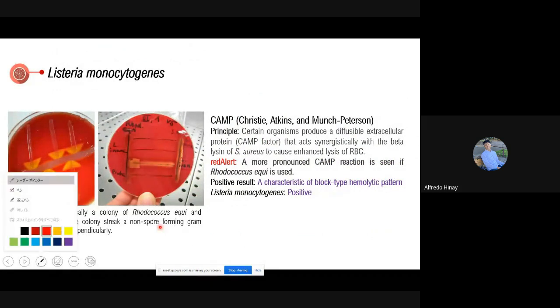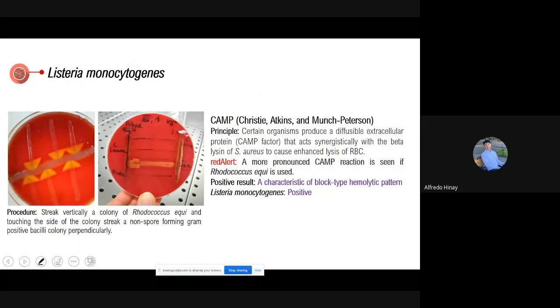Okay, take note with that one class ha, kasi halos magkahawig talaga si Listeria monocytogenes at saka si Streptococcus agalactiae. May CAMP factor, beta hemolytic, cocoidal in form. Diba? So, ang kaibahan lang ni Listeria monocytogenes pag nag-react siya sa CAMP factor, ang appearance is block type hemolytic pattern.